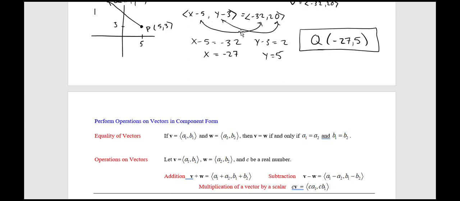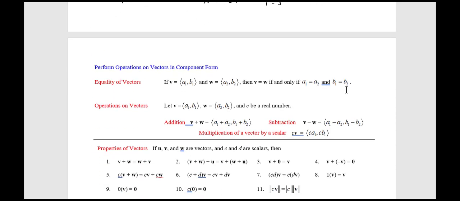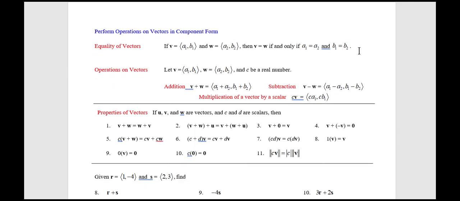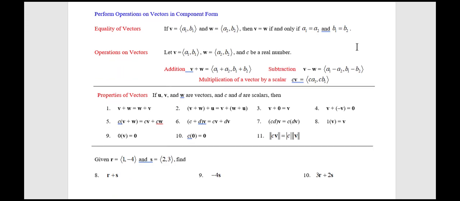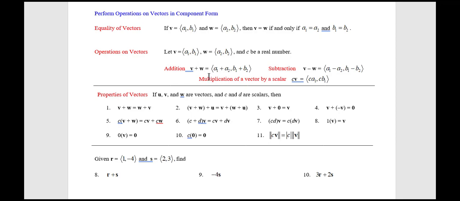And that's exactly what we did up here. We equated the first components in one equation and the second components in the next equation. In terms of components, equal vectors means both components have to be equal. To add two vectors, with components a1, b1 and a2, b2 respectively, we just add component-wise.